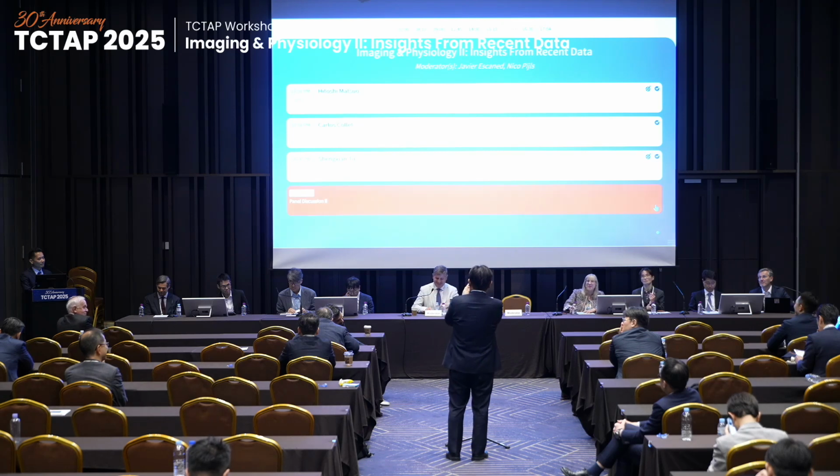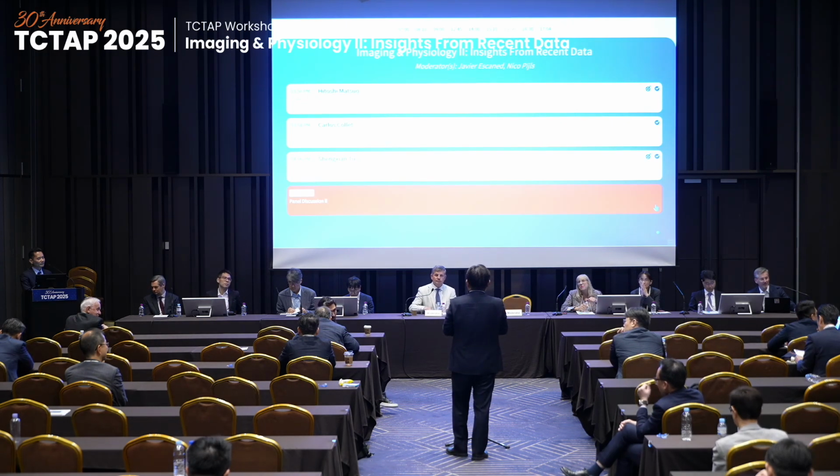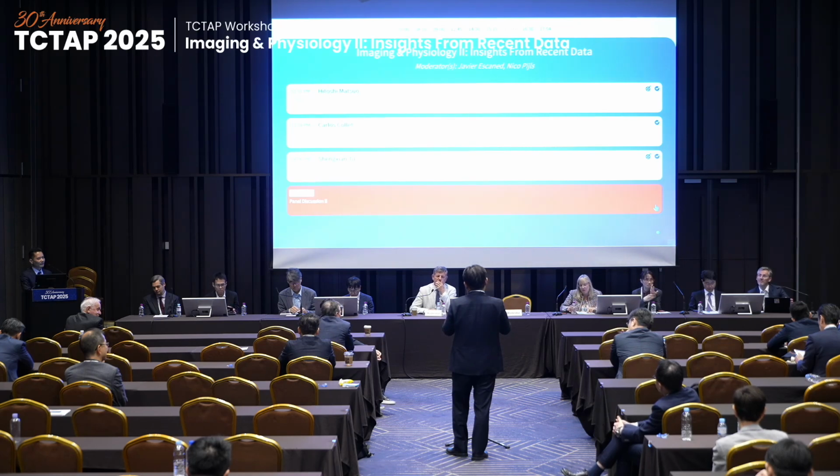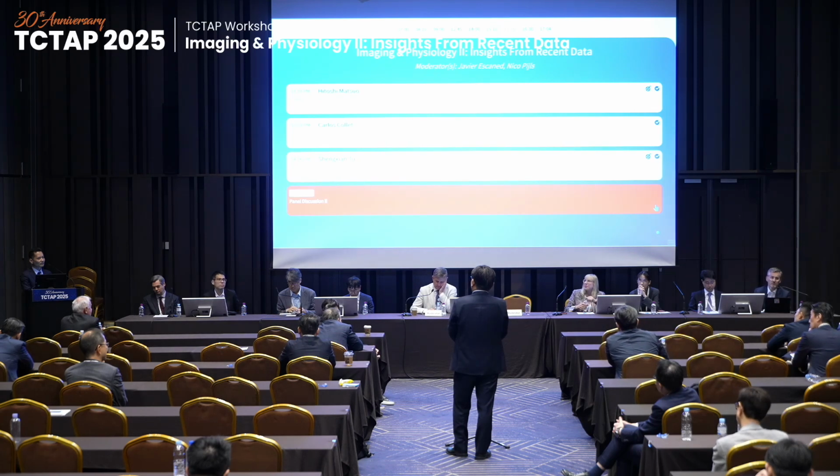Not the last one, just one question to Dr. Tu. I think it's a silly question, but nowadays we have many non-invasive or non-wire-based physiology evaluations. So I think a better quality coronary angiogram is way more important than before.